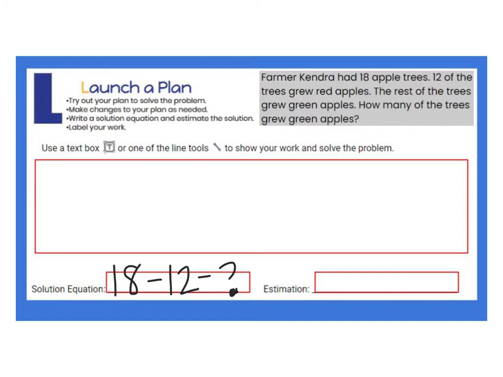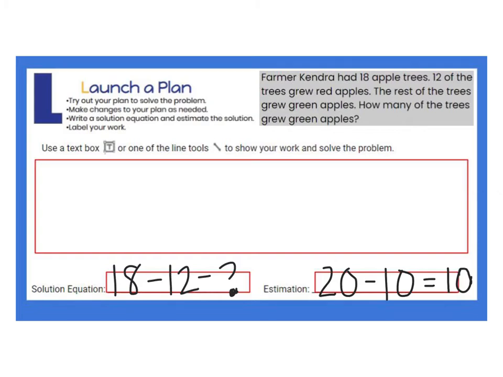And then we can estimate. So 18 is close to 20, and 12 is close to 10. So we know that our answer is going to be close to 10.